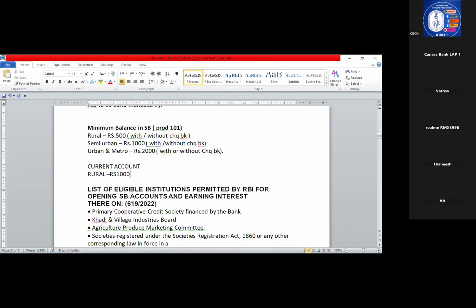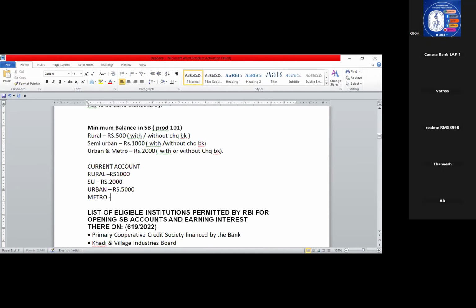For semi-urban, it is rupees 2,000. And for urban, it is rupees 5,000. And in metro, it is rupees 100.